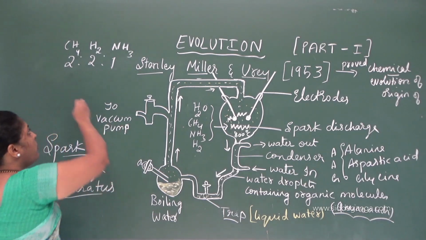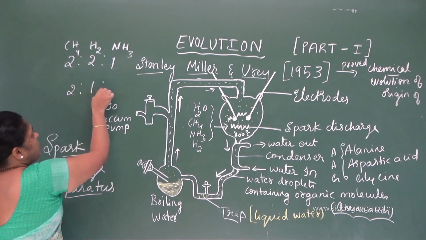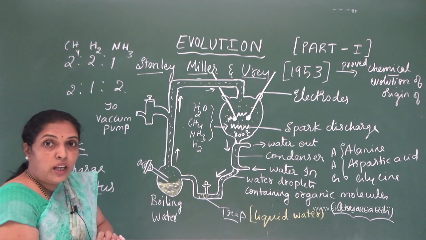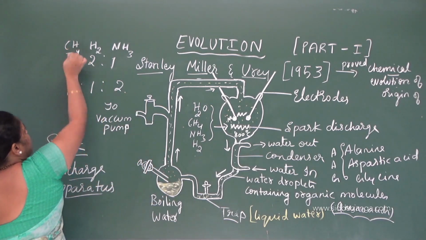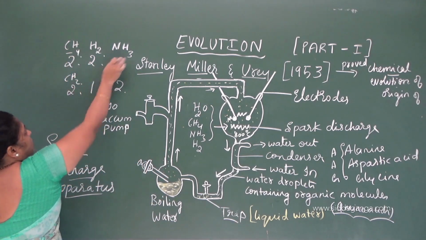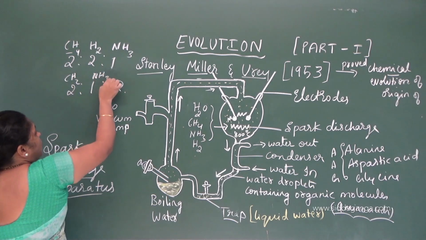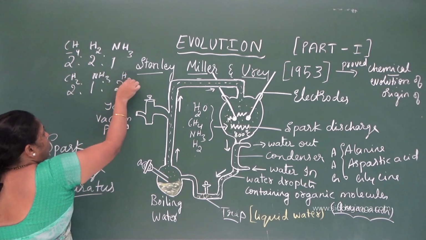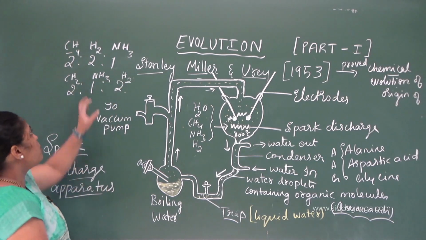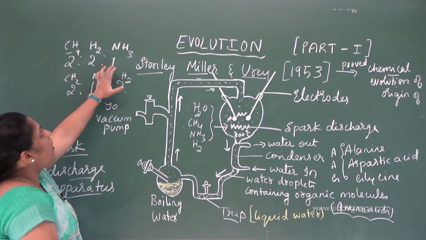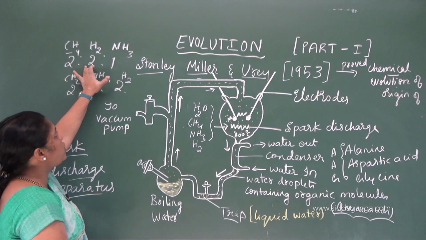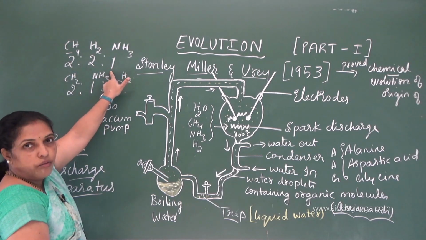In competitive exams they may ask like this, 2:1:2, but you have to see that CH4 is 2, ammonia is 1 and hydrogen is 2. Understood? So always methane and hydrogen will be in the 2 ratio and ammonia will be in the 1 ratio.